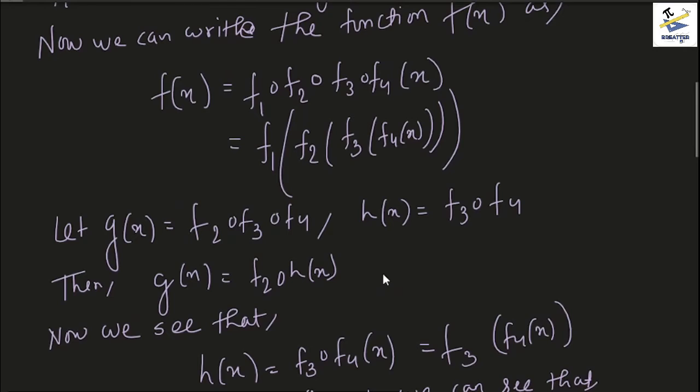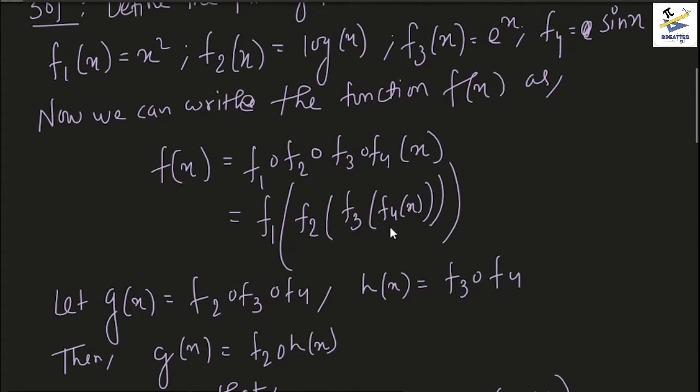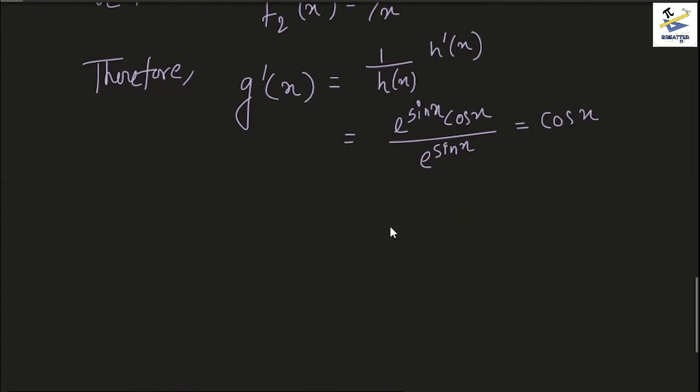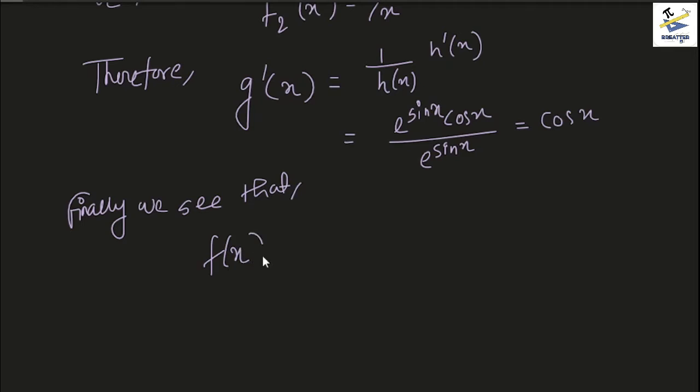Now that we have g, we can write capital F of x. Finally we see that f of x is equal to f1 composition g of x, right, which can be written as f1 of g of x.